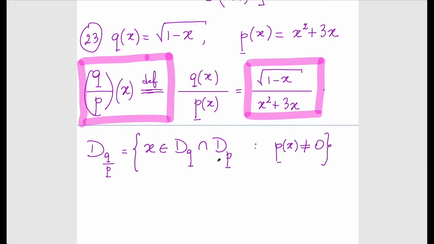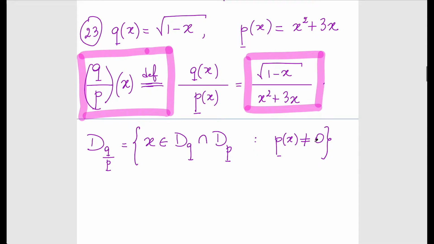These are the three conditions so that the output through the function Q over P is meaningful. Q of x should make sense. That's taken care of here. P of x should make sense, and this means that x is in the domain of P. And P of x should not be 0. It's right there. Okay.